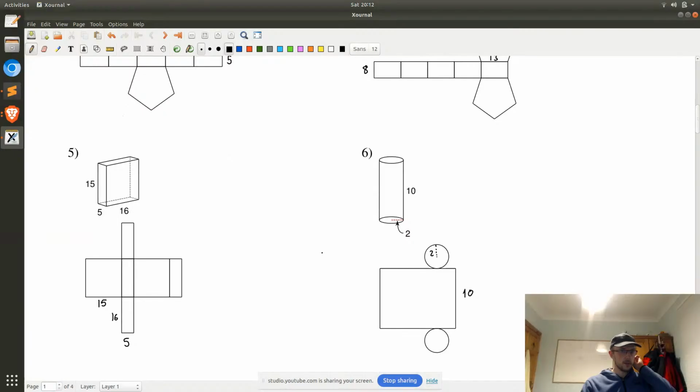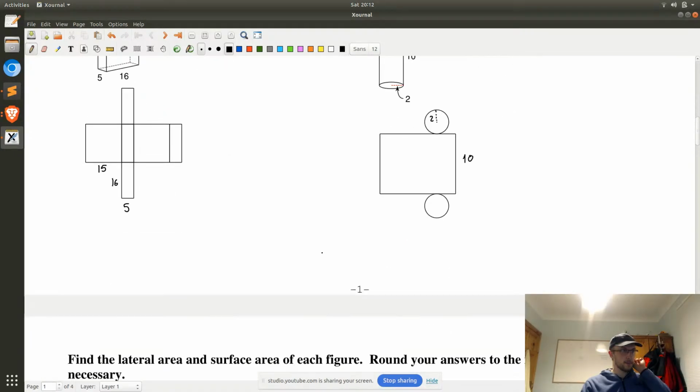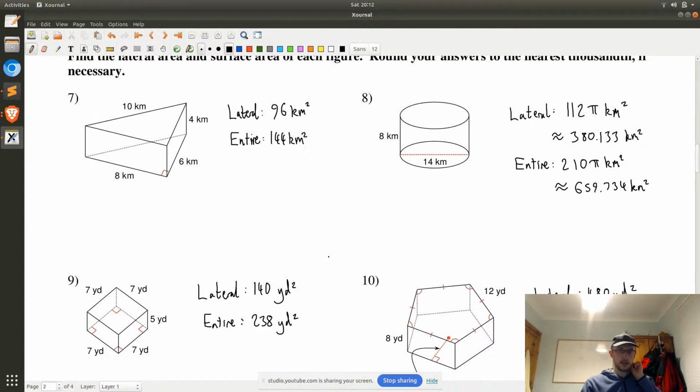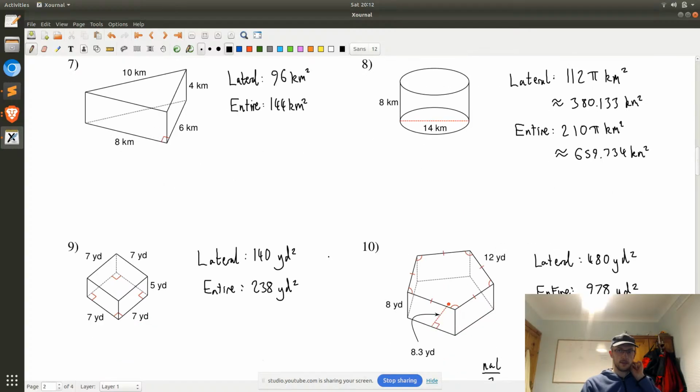Yeah, that's absolutely fine. 96, 144. Okay, so we got the correct figure here, but not here. How is that possible? I mean, I just copied it down.